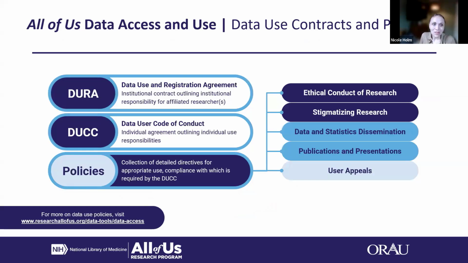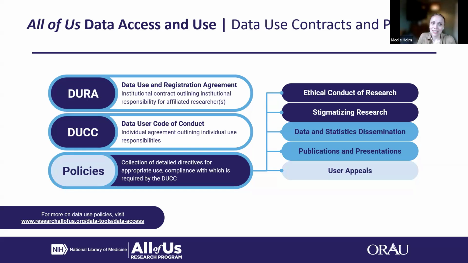As you may recall, after completing all of the necessary registration steps, researchers must complete the Responsible Conduct of Research training course, and then read and sign and agree to the Data User Code of Conduct, which is also often abbreviated to the DUC.